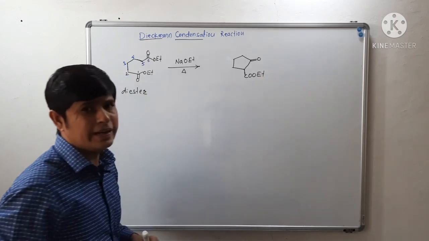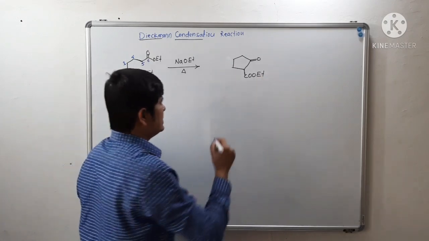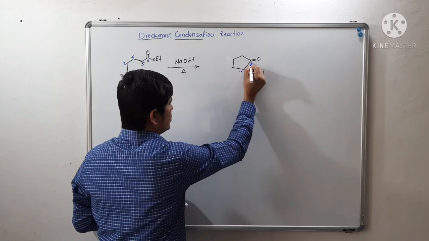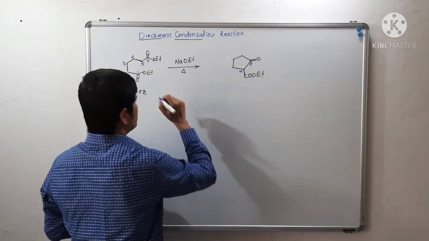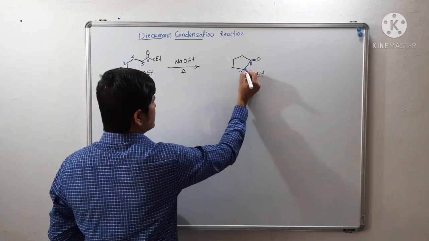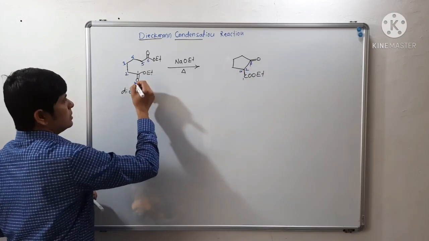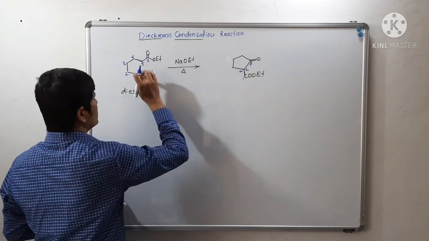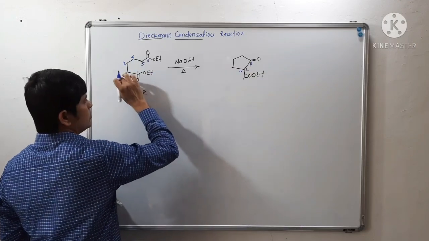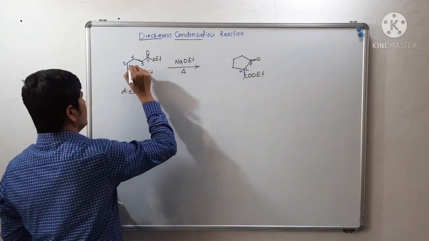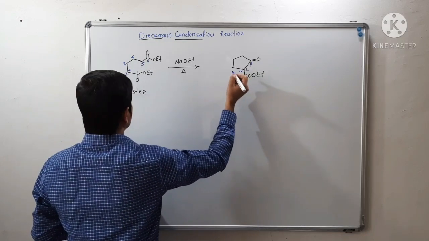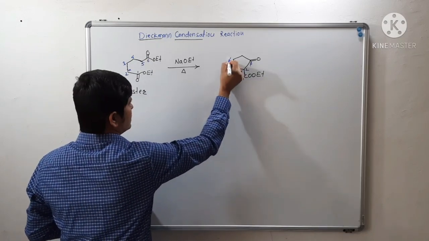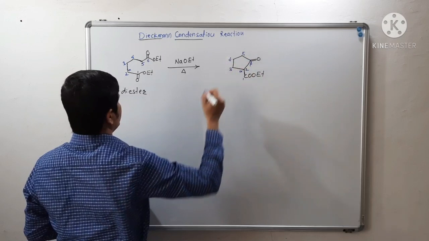Here, what product are we getting? See, this is an alpha carbon, and this is a beta carbon. This is carbon number 1, this is carbon number 2, and this is the alpha carbon. Now this will be carbon number 3, carbon number 4, carbon number 5.